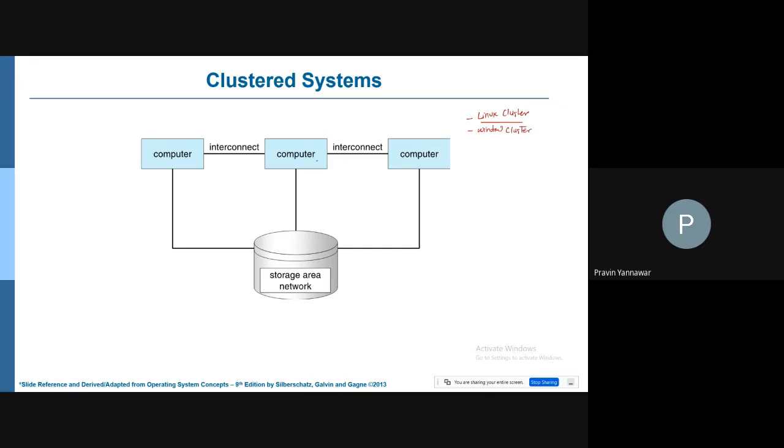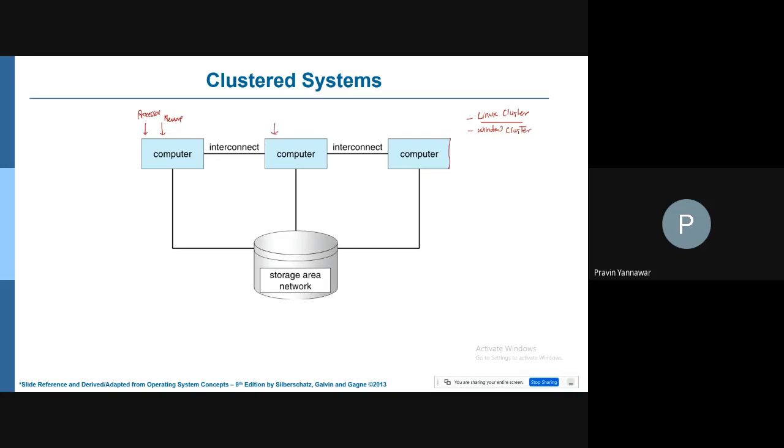The computers are interconnected together. Each computer has a processor, and each computer has a memory.